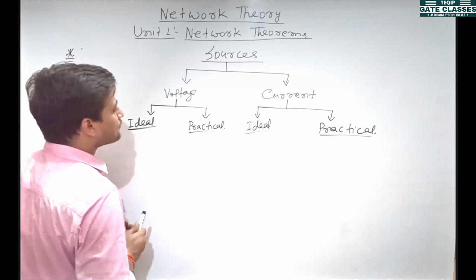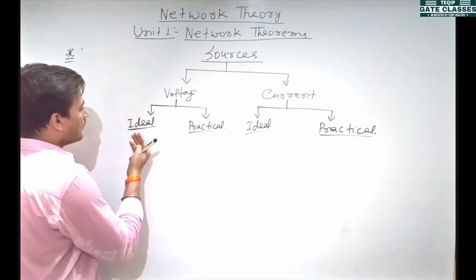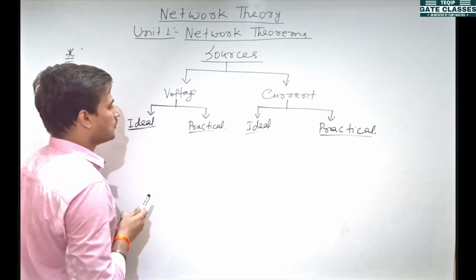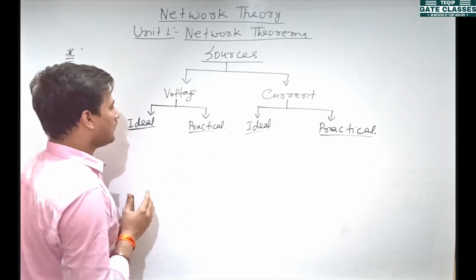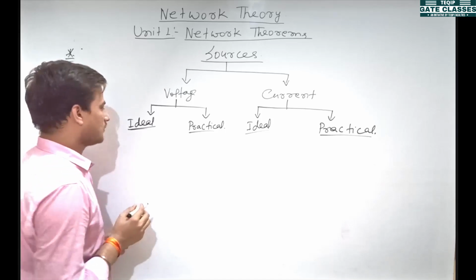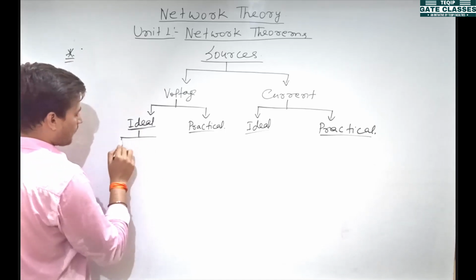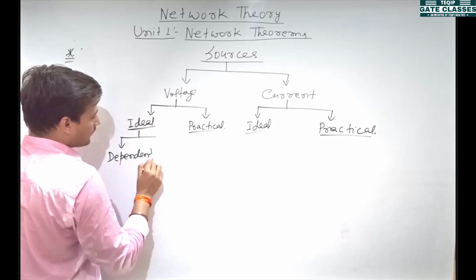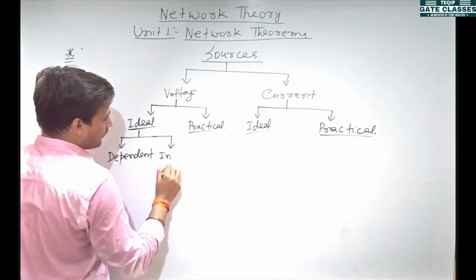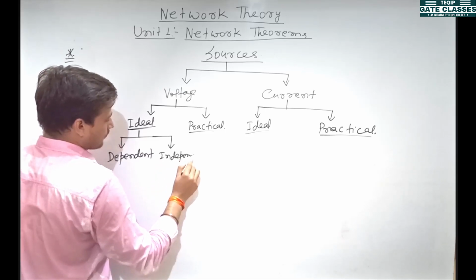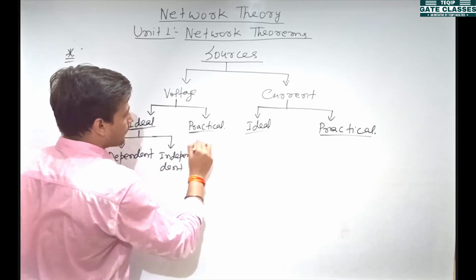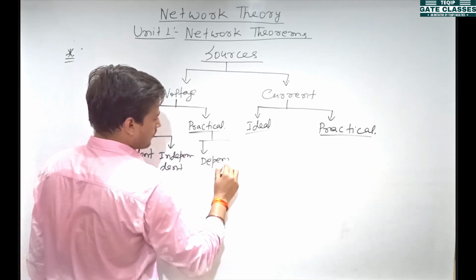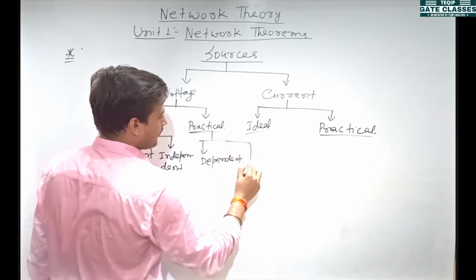Next, again, in the case of ideal source and in the case of practical source, at both places there will be dependent source and independent source. So there will be dependent, there will be independent. Similarly here there will be dependent and there will be independent.